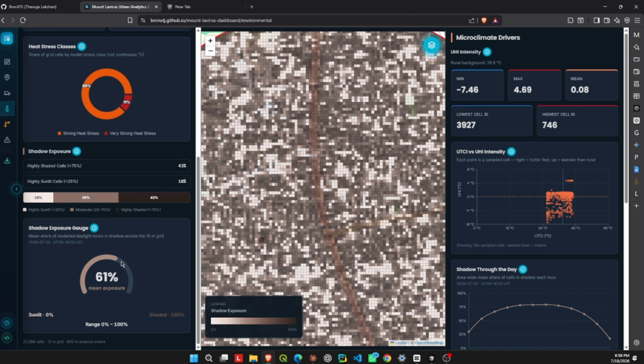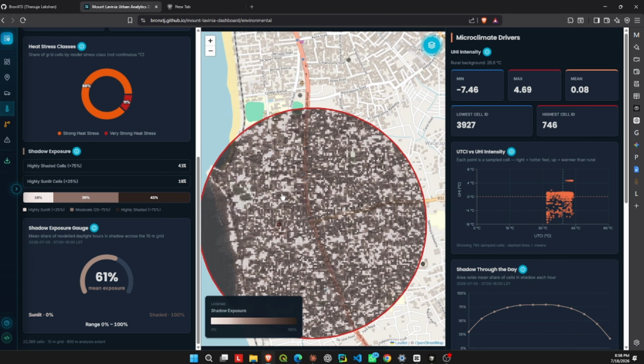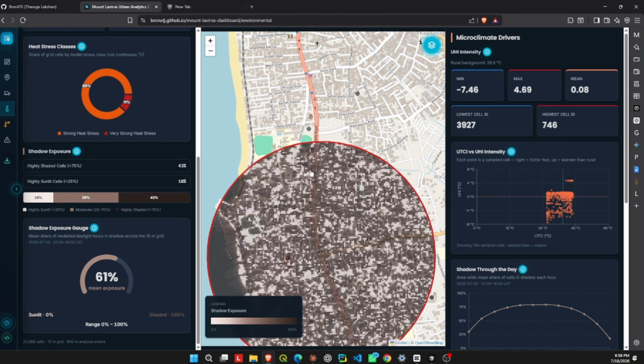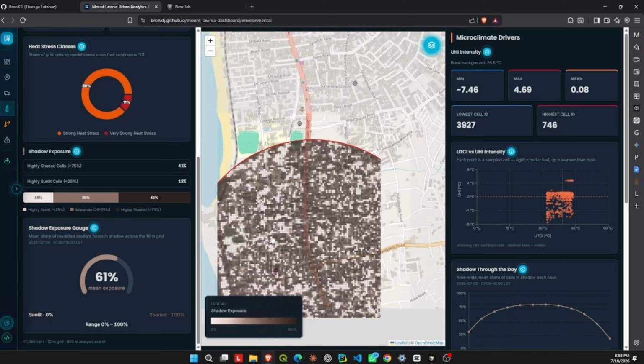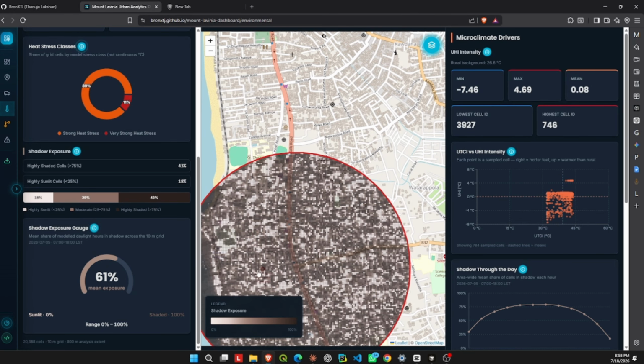This tells us most of the grid spends a large part of daytime in shade, but a significant share remains highly sunlit, mainly the Galle Road corridor as well as other major arteries and sub-road related spaces.